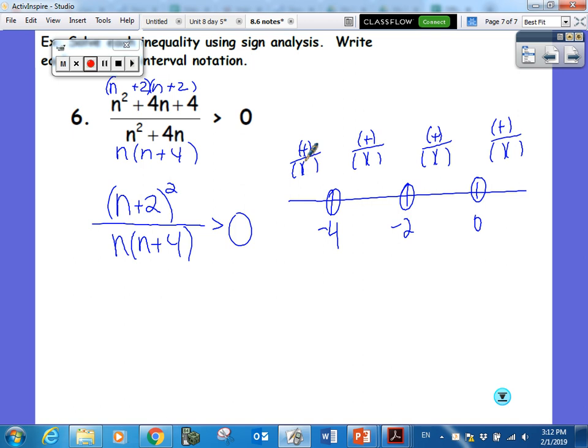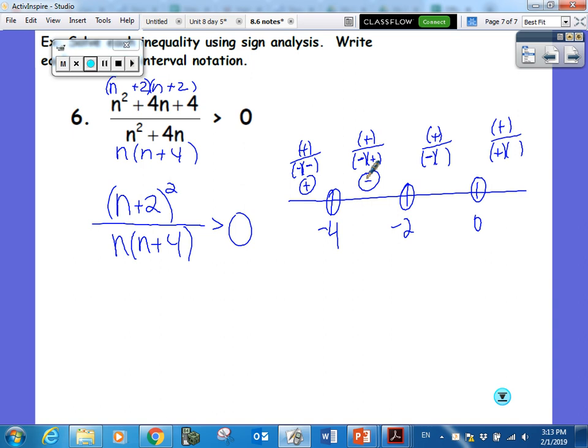All right, this n all by itself. So if I plug in a negative, it's going to be negative. If I plug in a negative, negative. If I plug in a negative, negative. If I plug in a positive, it's positive. And then the n plus 4. This matters what number. The n nothing was being added or subtracted to it, but it's n plus 4. So -5 plus 4 is negative. So that section ends up being positive. -3 plus 4 is positive.